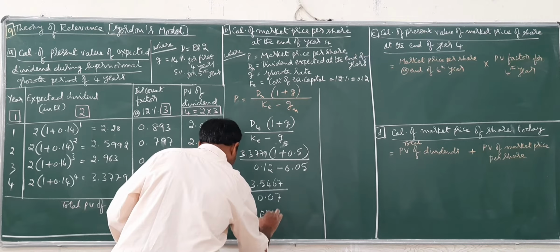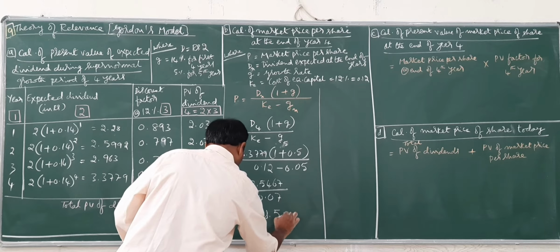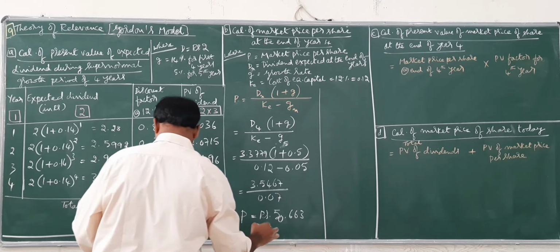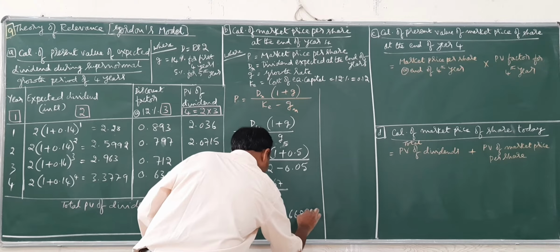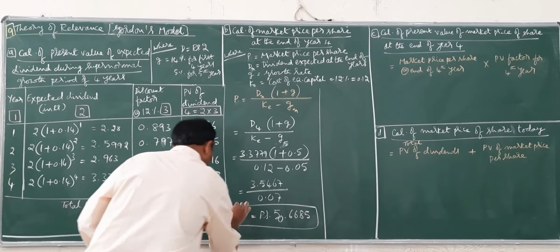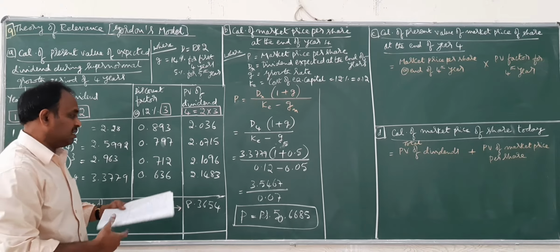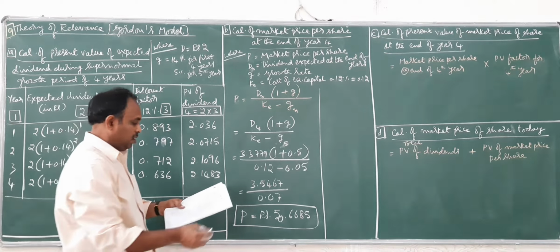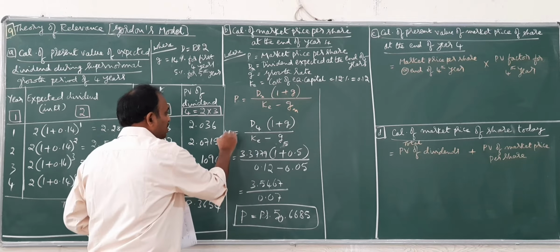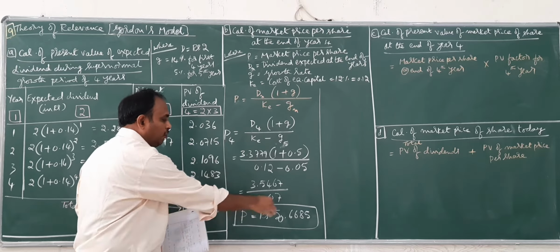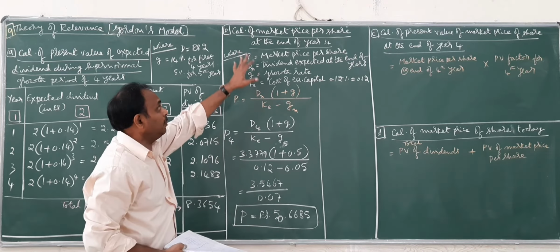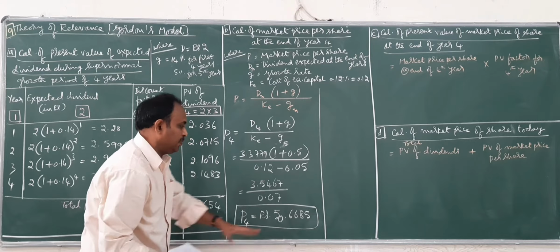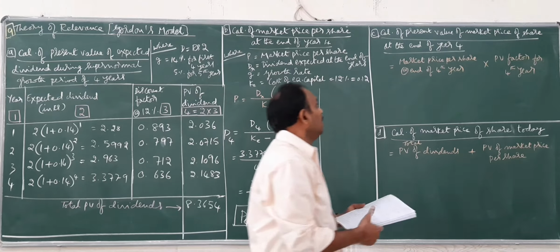The market price comes to 50 rupees 66 paisa, that is at the end of the 4th year. So this is going to be P4. At the end of 4 years, the market price per share is 50 rupees 66 paisa approximately.